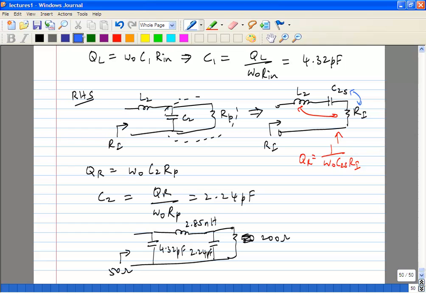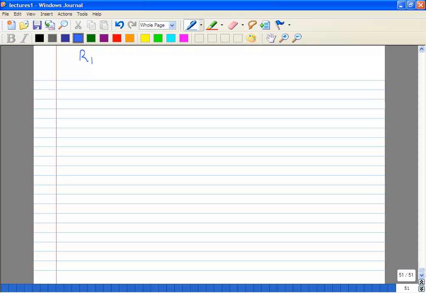So now what did you notice about Ri? In this case it happens to be less than both Rn and Rp. So what you'll see is for a pi match your Ri will always be less than Rn or Rp.